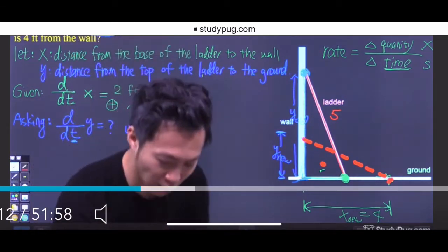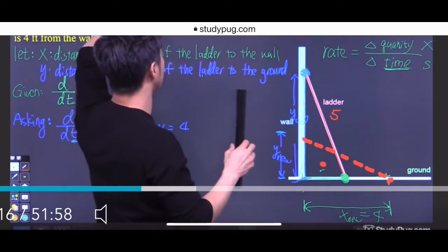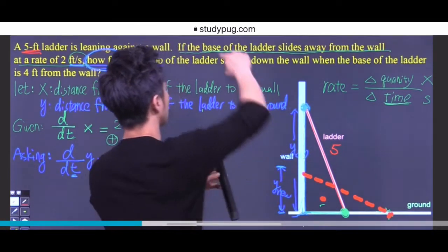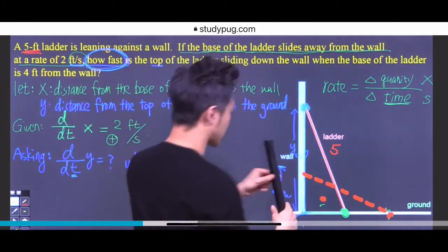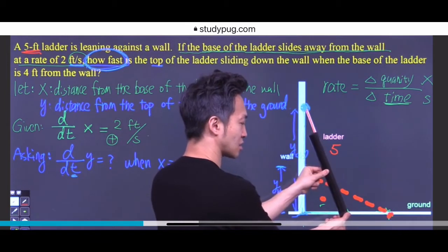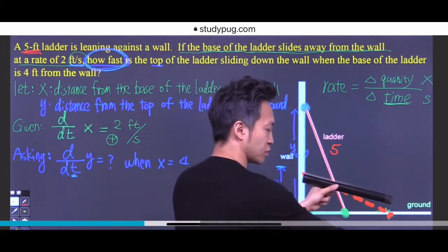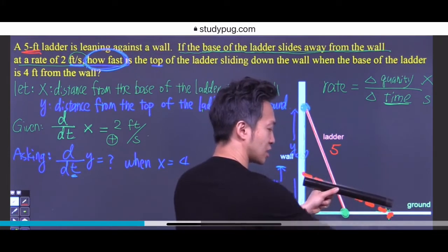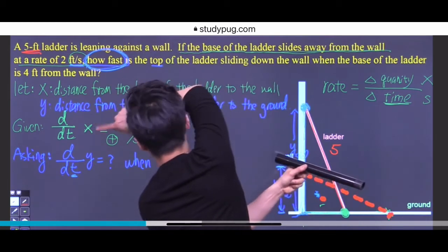Yeah, so now the question is asking like this. Let me do it one more time. As the base of the ladder slides away from the wall at a rate of 2 feet per second, so dx/dt is equal to 2 feet per second, which is our given.